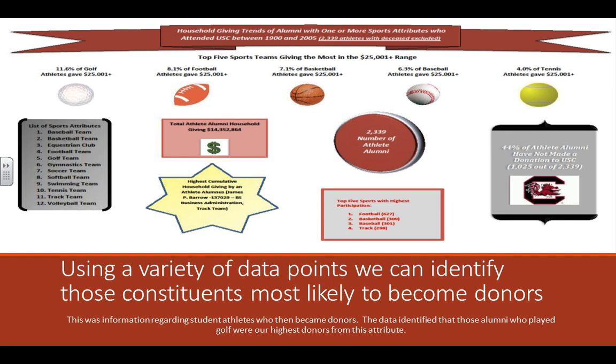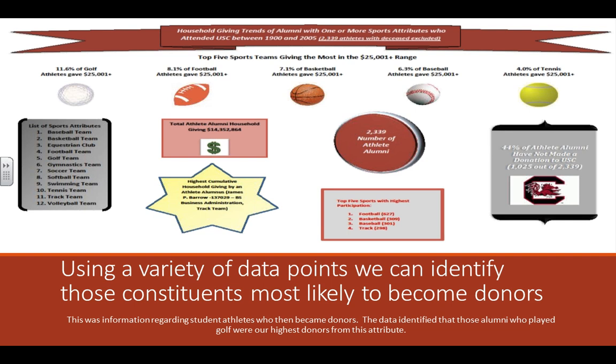So we found overall from existing donors in our donor pool who were student athletes that the highest pool of donors actually came from those that played golf when they were here at the institution.